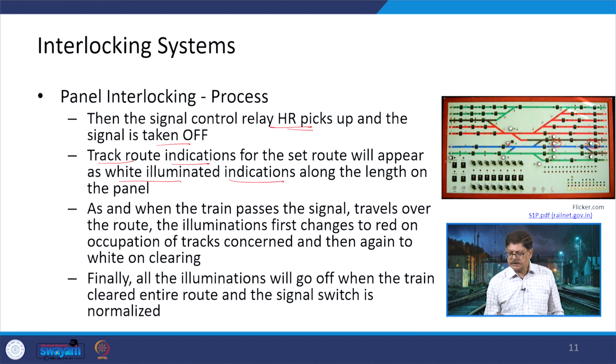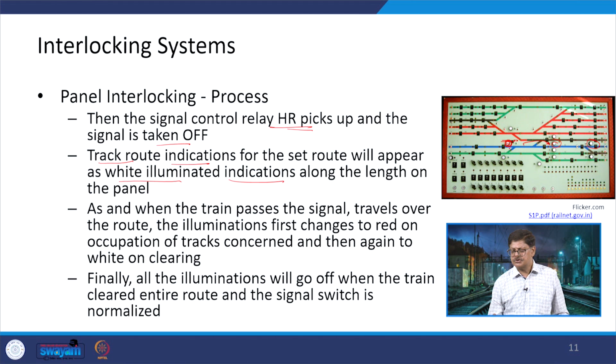Incidentally, in this one no red color is being shown. So, say if the train has moved into this area, this one which was white will convert into red. So, it indicates that this particular section is now occupied by a train. Now, as soon as the train moves from here to another section, this one will turn back to white.